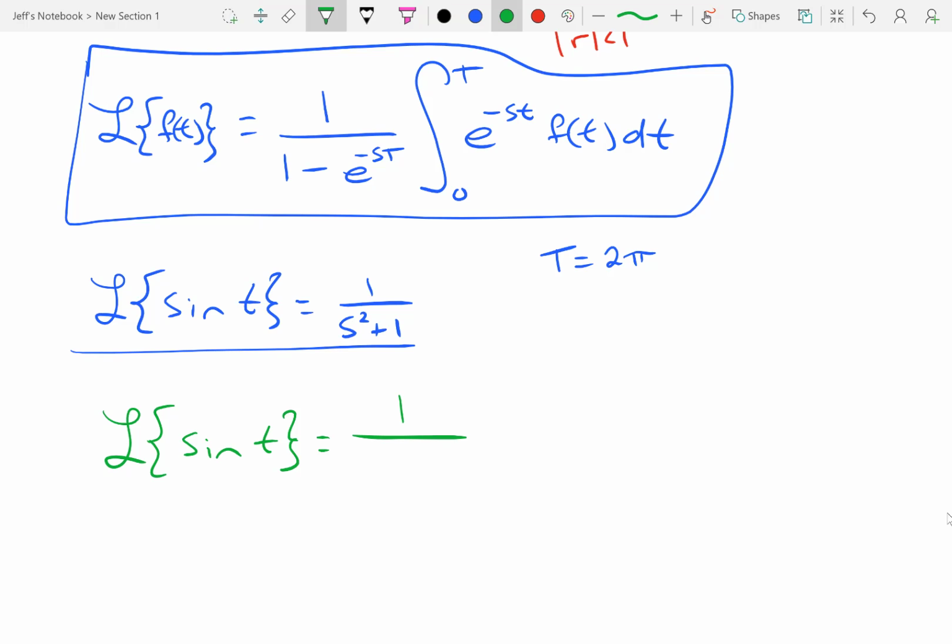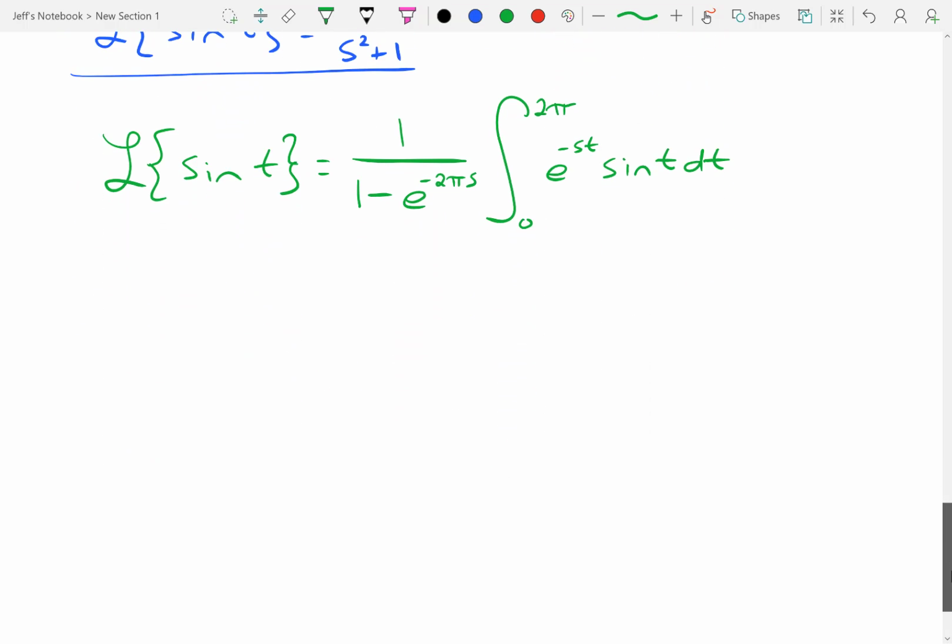So the formula says that it's 1 over 1 minus e to the negative 2 pi s times the integral from 0 up to 2 pi of e to the negative st times the sine of t dt.